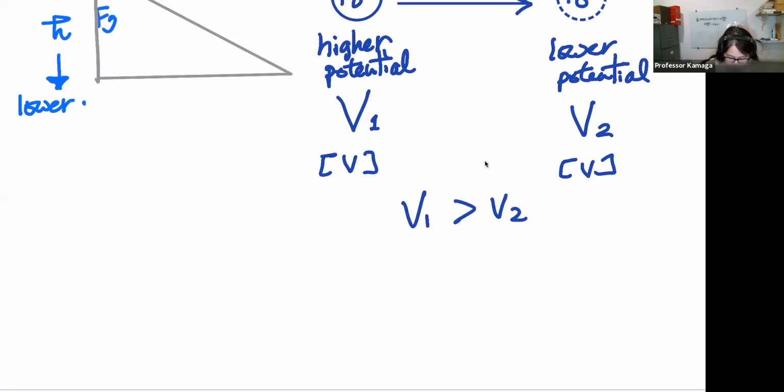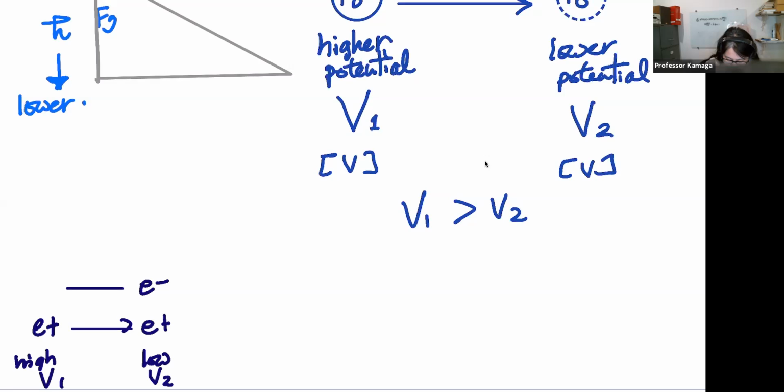When the positive charge flows from high V1 to low V2, the electron moves from low V2 to high V1.